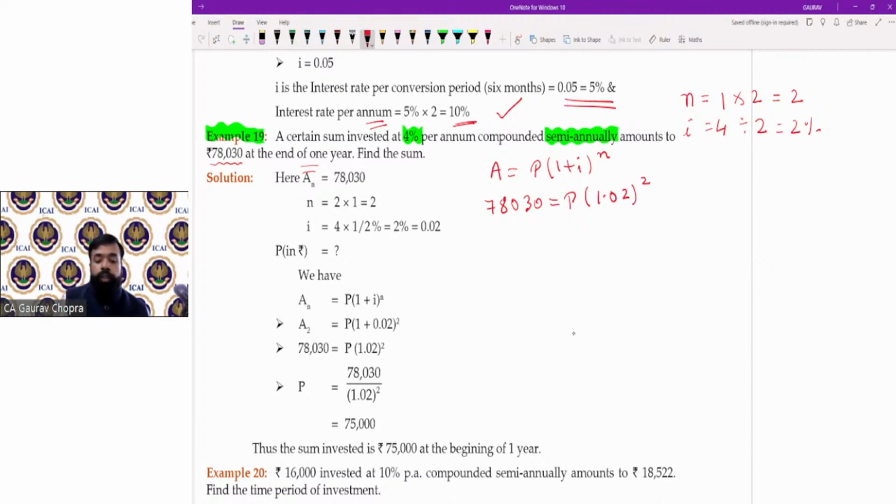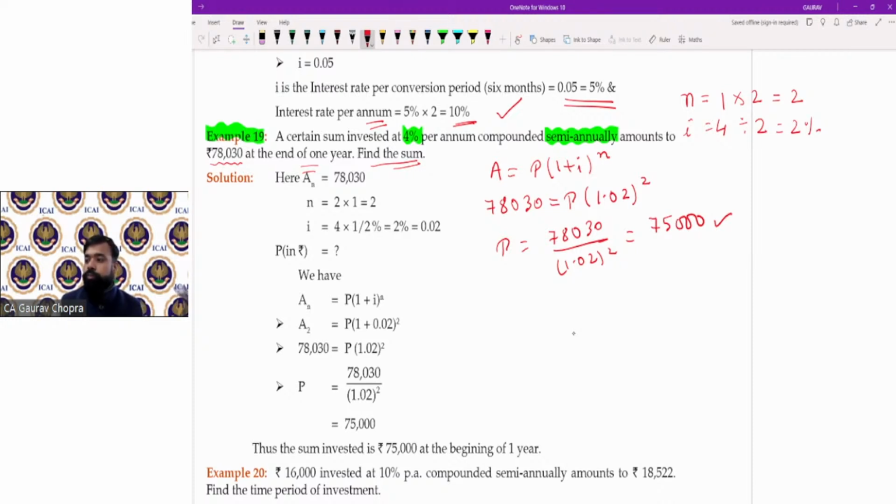You can try it on calculator. 78030 divided by this value, what we get? 75,000. So this 75,000 is the principal. In this way, we can calculate the principal. The question had asked, find the sum, that is the principal invested. Therefore, the required amount is rupees 75,000.